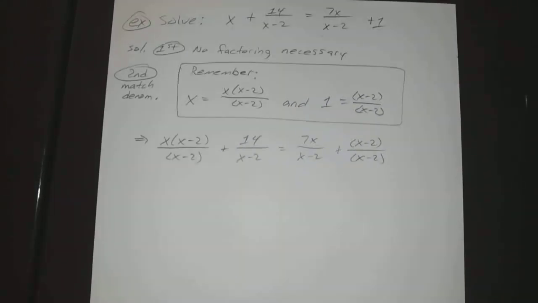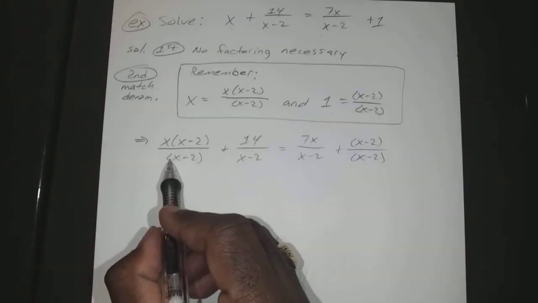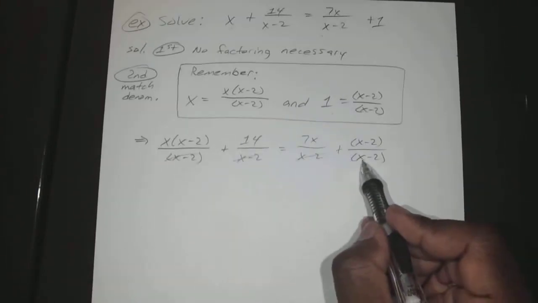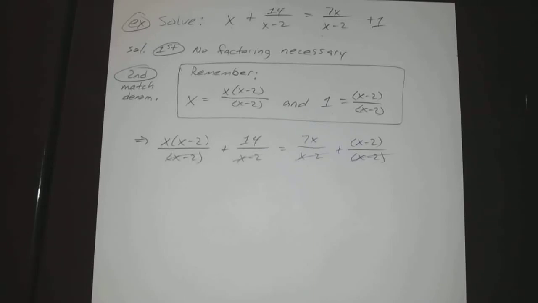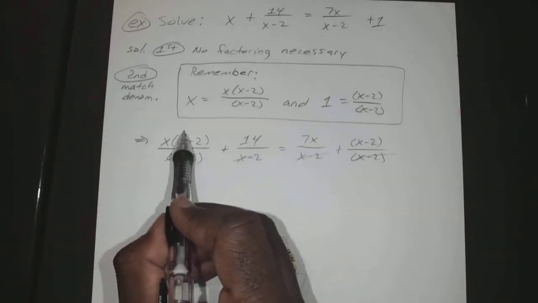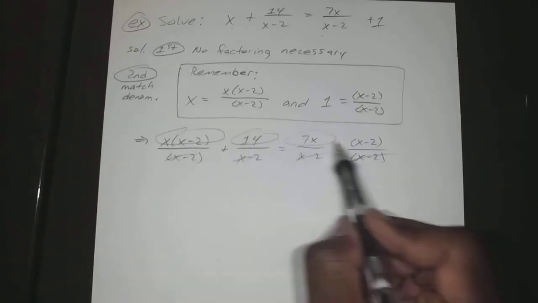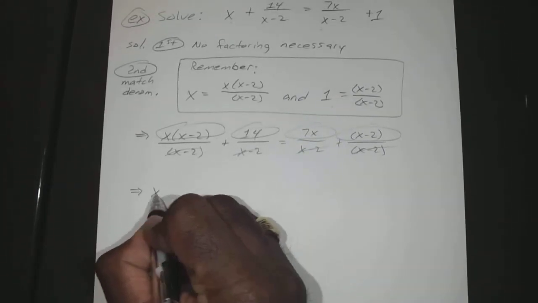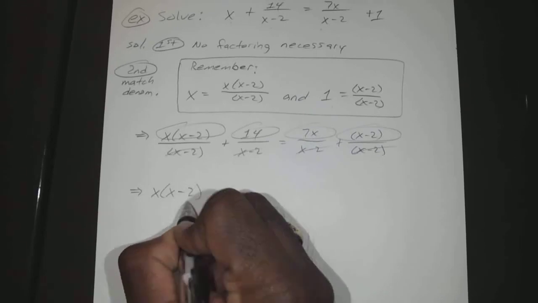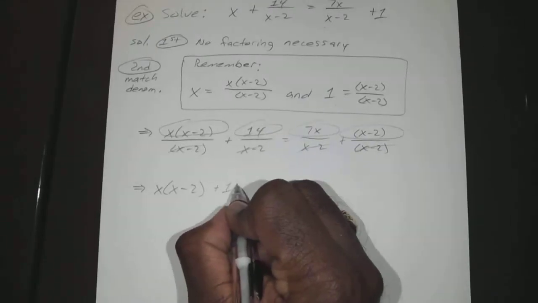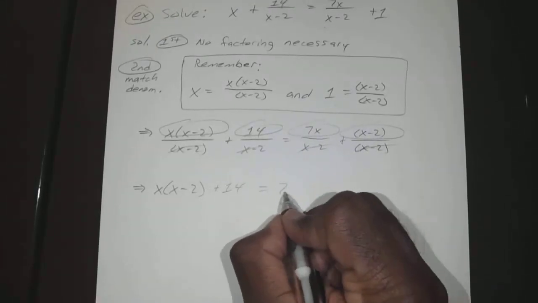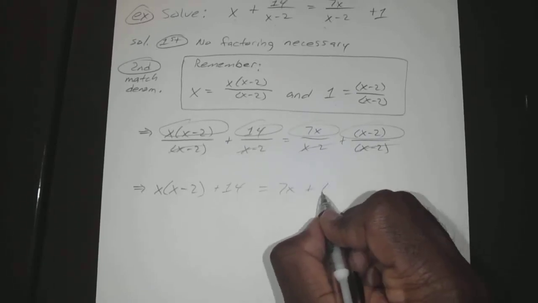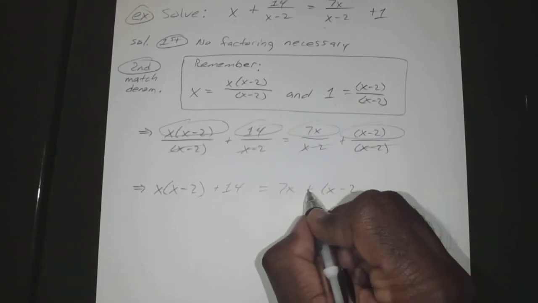So we have the same denominator on both sides of the equal sign. When they're the same on both sides, they just cancel each other out, which leaves us just the numerators. So we have x times x minus 2 plus 14 equals 7x plus x minus 2.